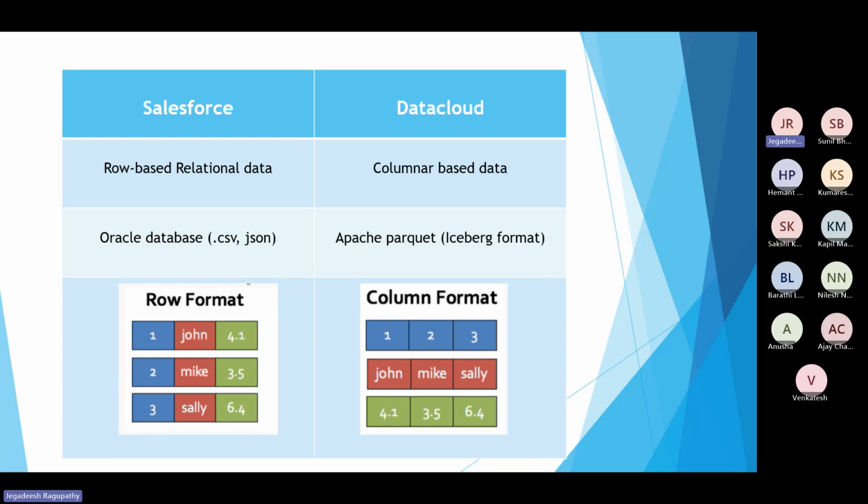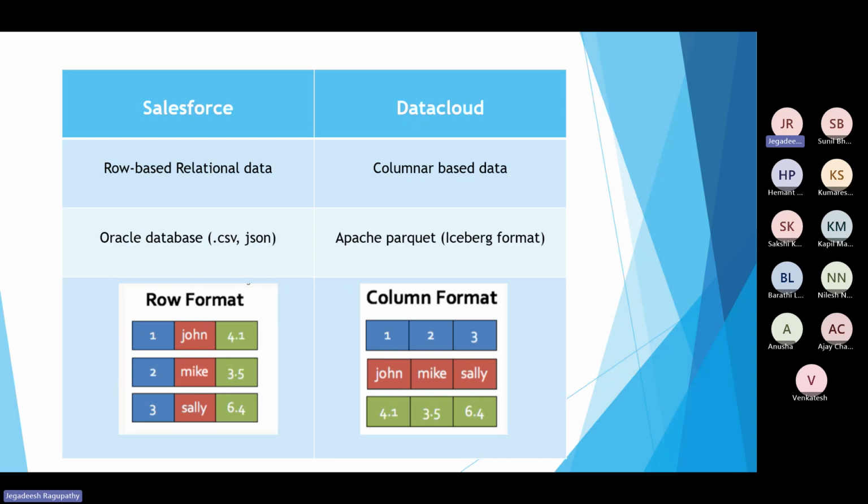Rather, it uses a columnar-based database, where you might have heard of facts and dimensions. That's where Data Cloud comes into the picture, more in the analytics space. Salesforce, whereas, is a kind of minimalized application, but that is a traditional one. We all know that Salesforce is built on top of an Oracle database, so it is one of the RDBMS databases, right?